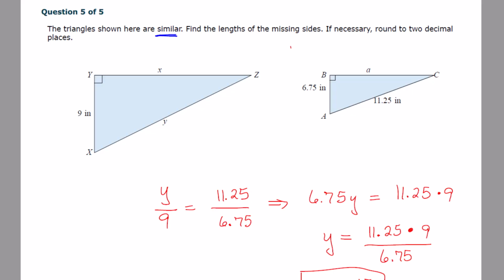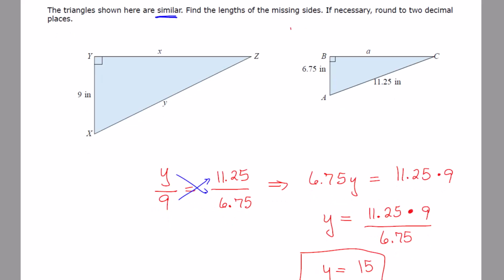I do know this, I know that, but I don't know A. Okay, well, let's see. Y over 9, got that. And the corresponding piece would be 11.25 over 6.75. And so I can cross multiply and I can solve that, and I can find out that y is 15. Okay, so I got that.